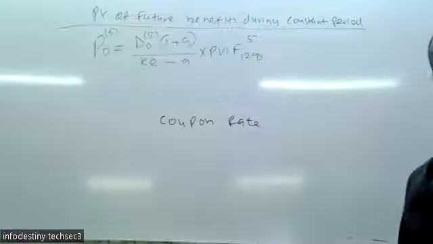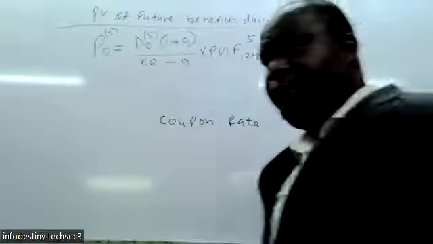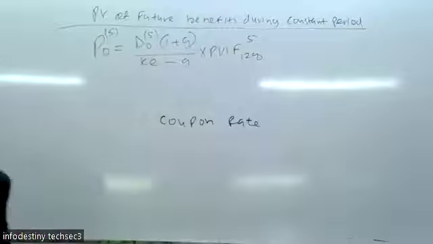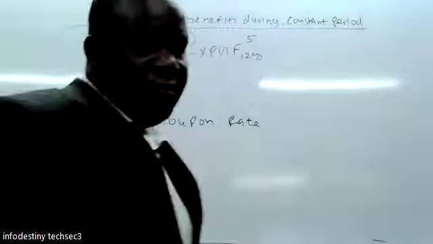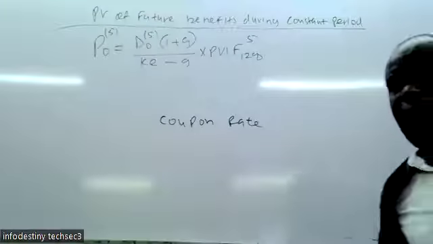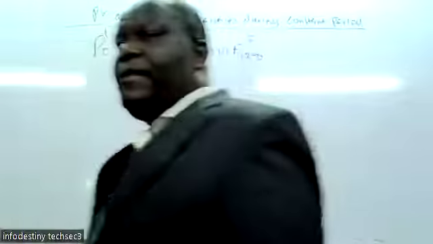Then we continue by noting that they are classified into two. So A would be valuation of the preference shares.